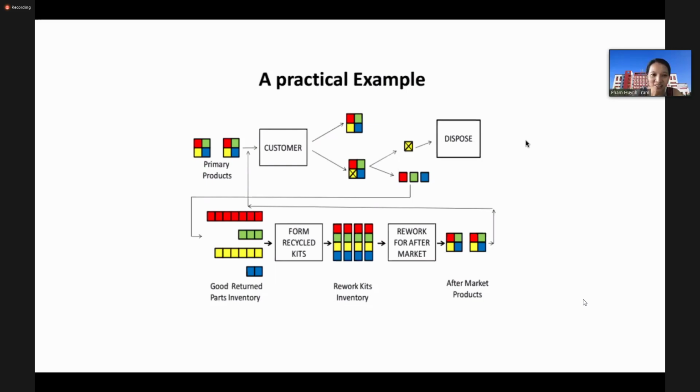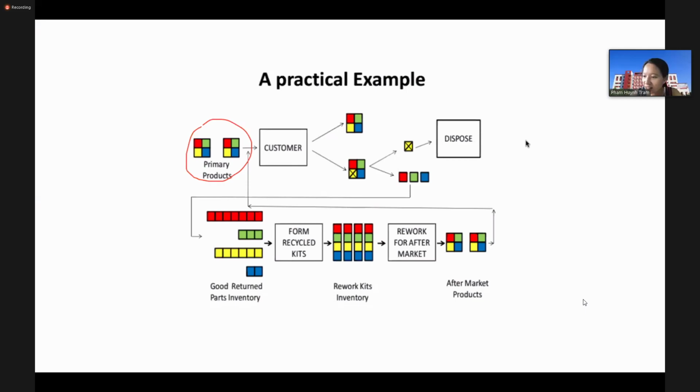This is our product, the original product. Then they are used by our customer. They are sold to the customer and used by the customer.